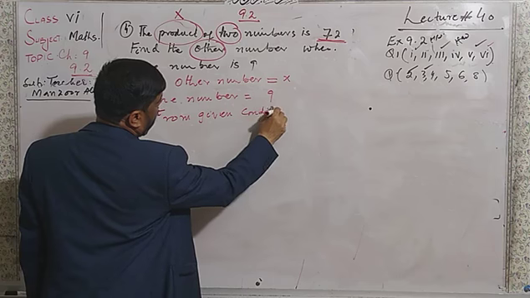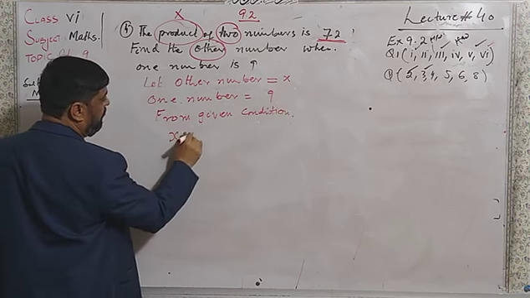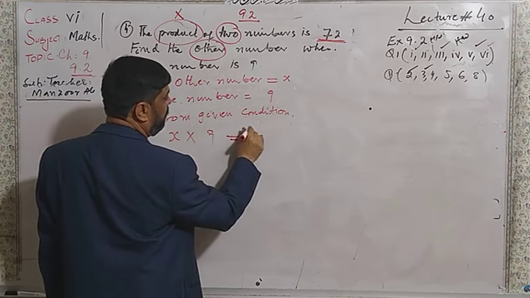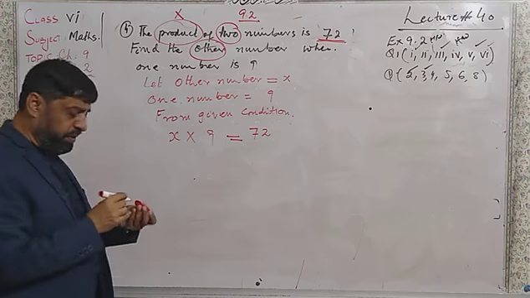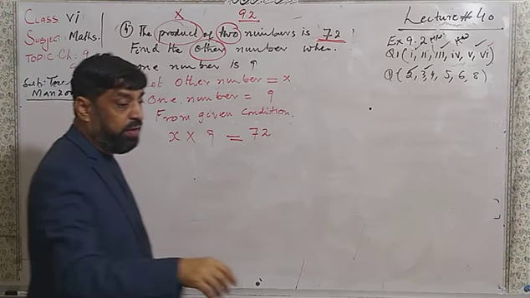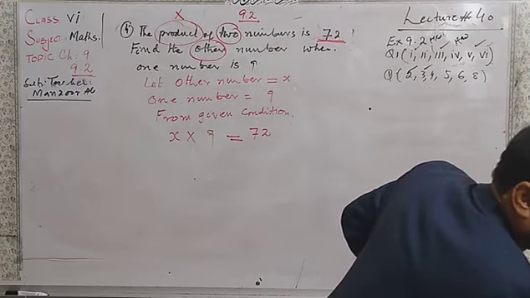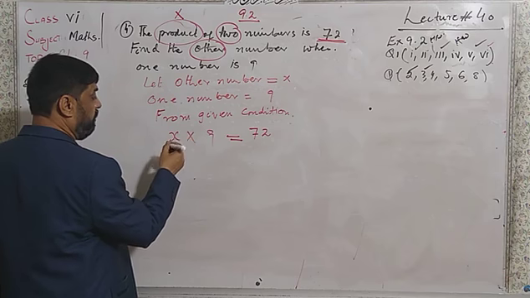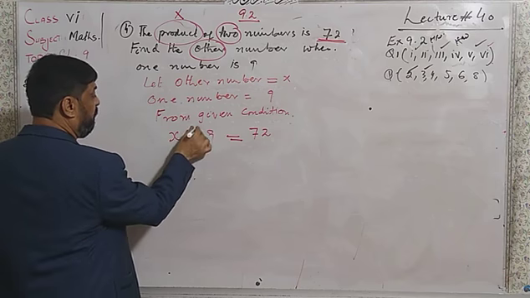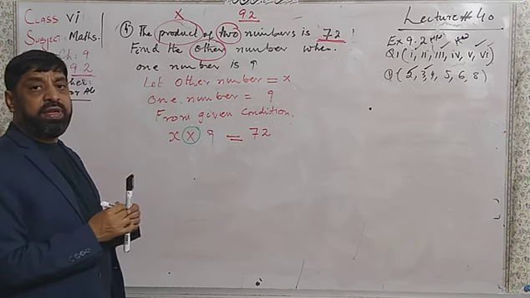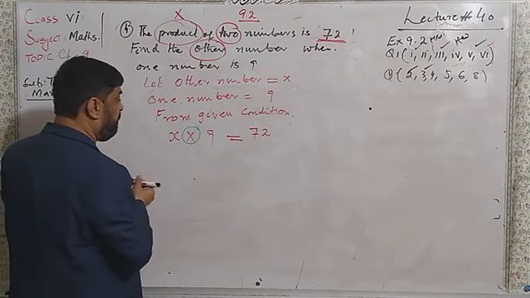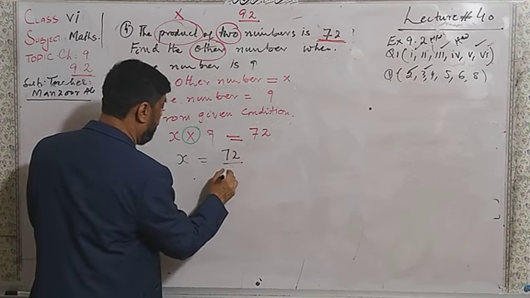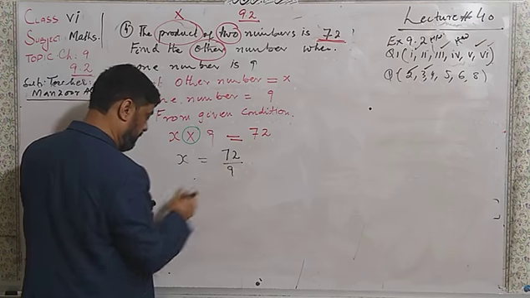So x multiplied by 9 is equal to 72. Dear students, we must be careful: this is the multiplier. When it is shifted to the other side, it will become a divide. So x is 72 divided by 9.